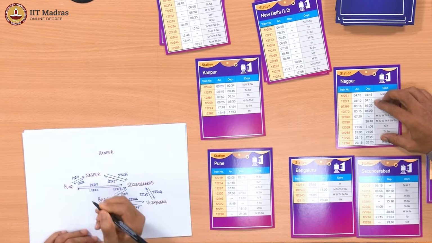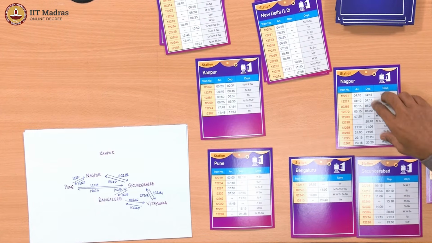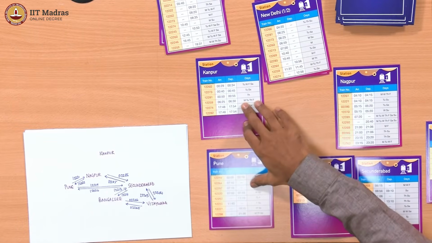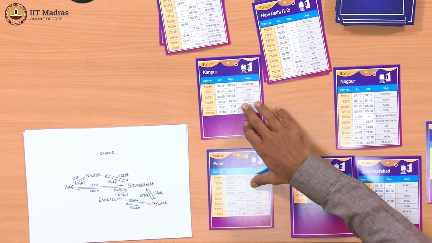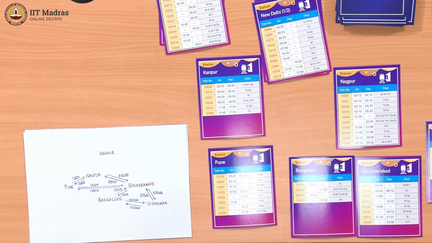Right. And Pune to Kanpur, I doubt there is a direct train, and I don't see a number which is in common to the two lists. So Pune is done, and then finally we have Nagpur.